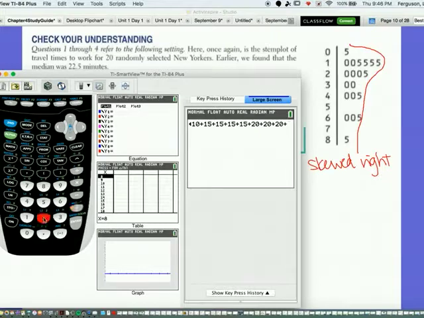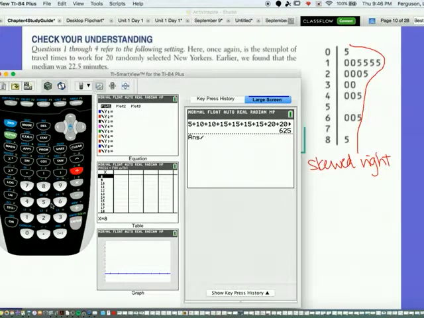You have a 25. You have 2 30s. Two 40s, a 45, 2 60s, a 65, and an 85.